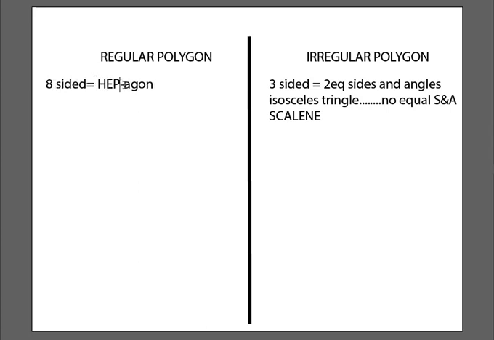We've got an eight-sided regular polygon, which we call an octagon. For example, you know of an octopus. An octopus has got 8 legs. Oct means 8, so an 8-sided octagon.